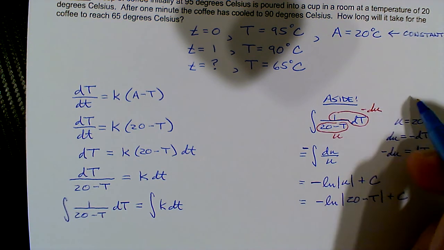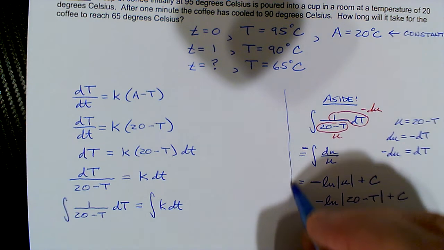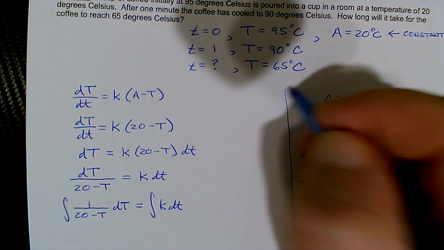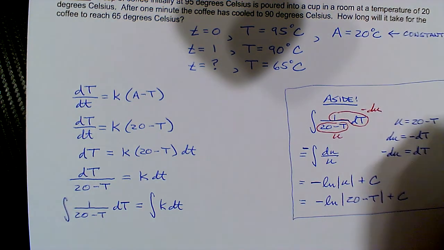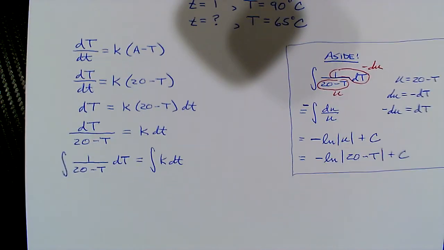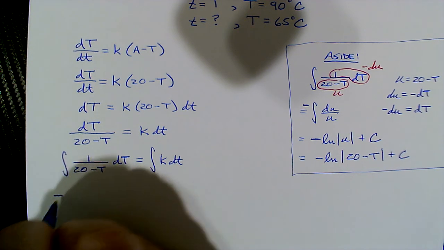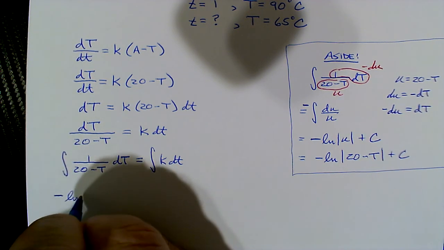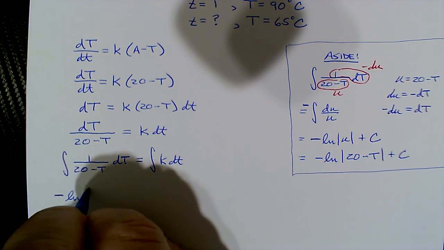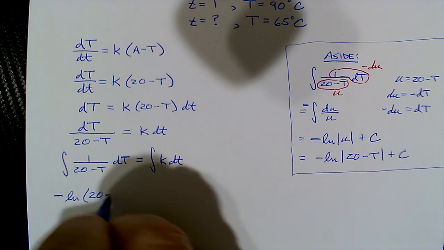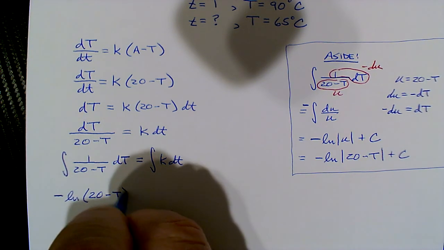You could do all this mentally. You don't need to show that to me. You could do all that work mentally. That's fine. But it's very important to realize that this is going to be negative natural log of. You could use absolute values. You really don't need them because assume the temperature is positive, of course.